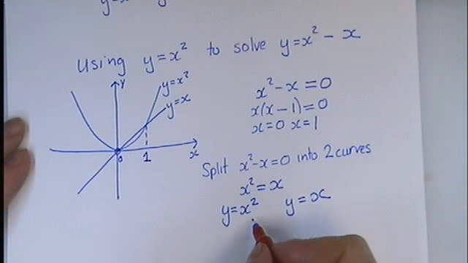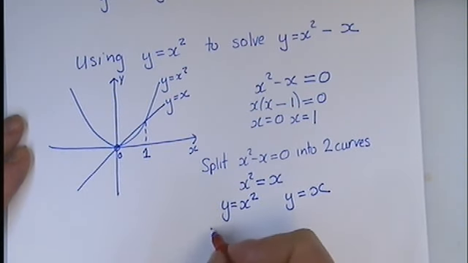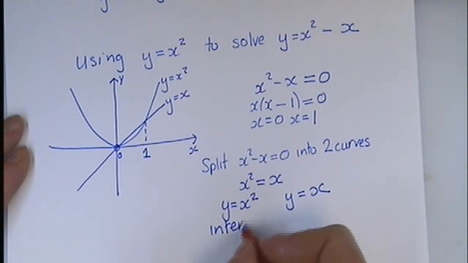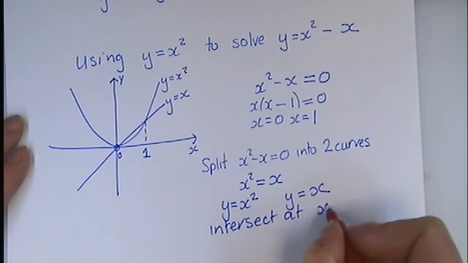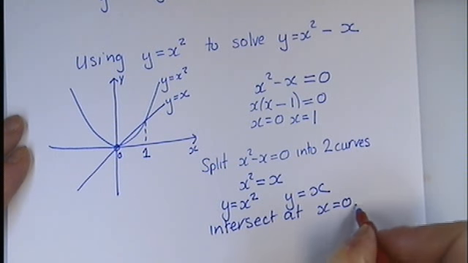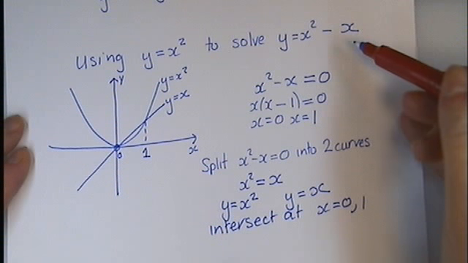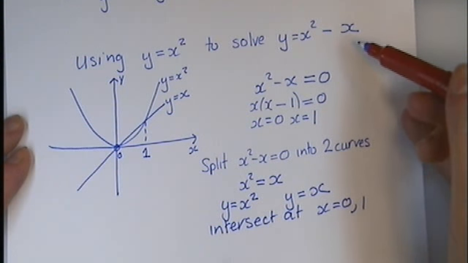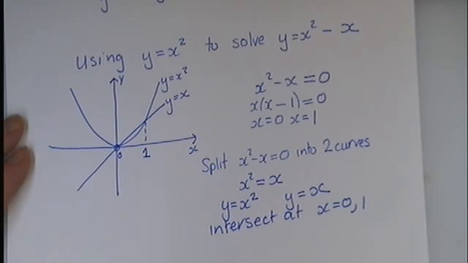So my curve and my line intersect at x is 0 and x is 1, which is the same solution as I have to the quadratic which I've been asked to solve, but using my y equals x squared. So that's a bit of background as to why it works.